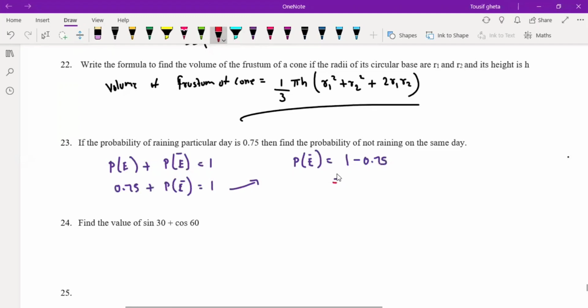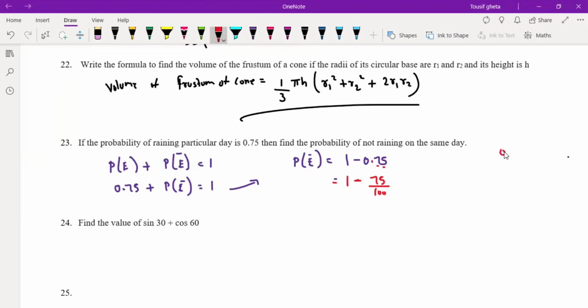So 1 minus 0.75. For easy calculation, we're going to convert this decimal value into a fraction. That is 75 by 100. Why divided by 100? Why not 10? Why not 1000? Because after the decimal there are two digits, so divided by 100.